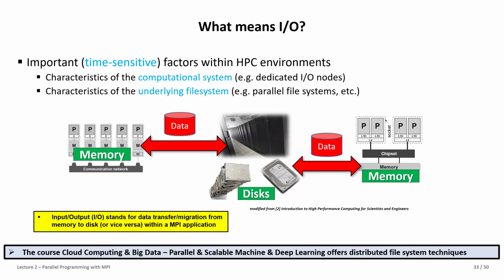Hence, we need disks, we need I/O, and this is now something where a so-called parallel file system also becomes an essential part of it. So something like Lustre and so on. There are specific file systems that treat the concurrent access to a file as a common event, right?